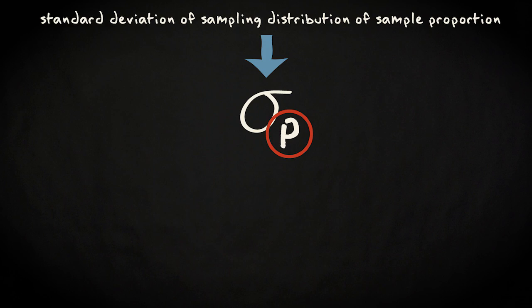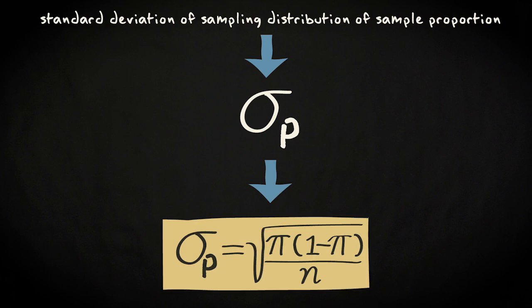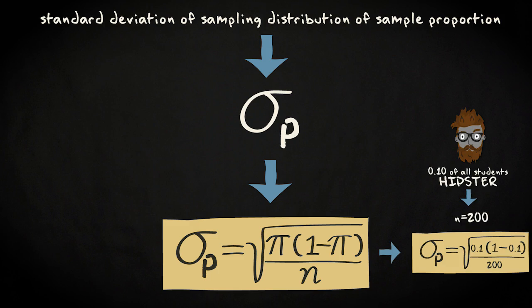To compute the standard deviation, we have to multiply the population proportion with 1 minus the population proportion. Next, we have to divide the outcome by the sample size n and take the square root of this outcome. In our case, this boils down to the square root of 0.10 multiplied with 1 minus 0.10 divided by 200. That equals 0.02. The standard deviation of the sampling distribution is 0.02.